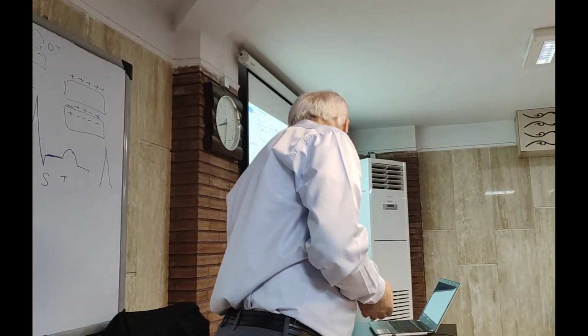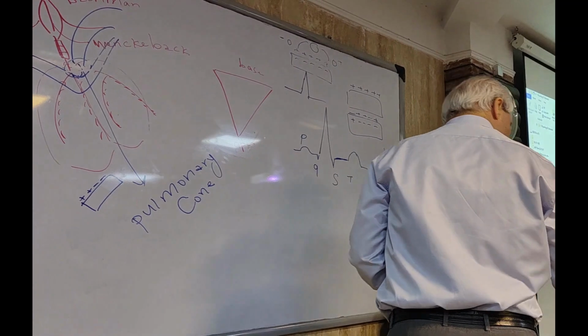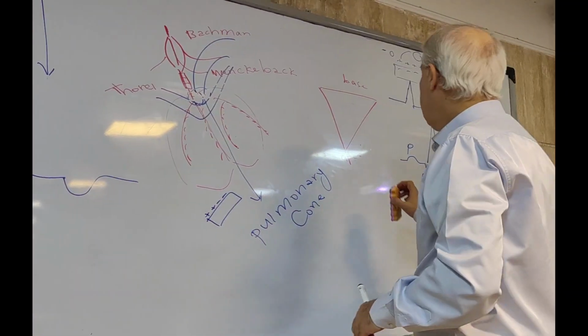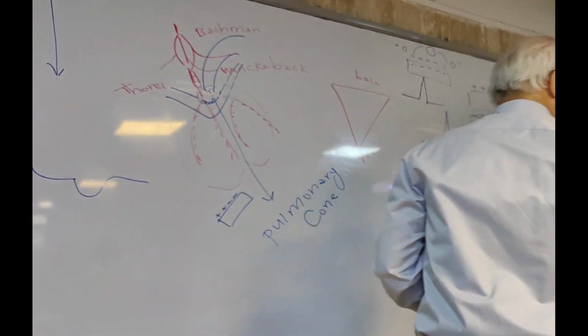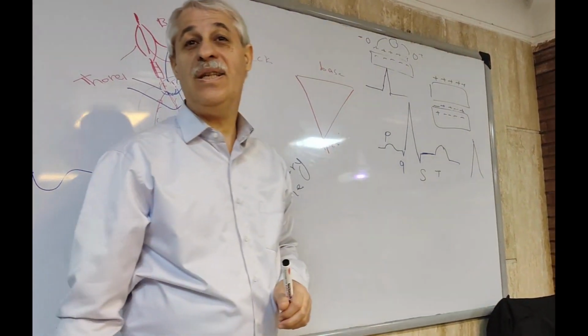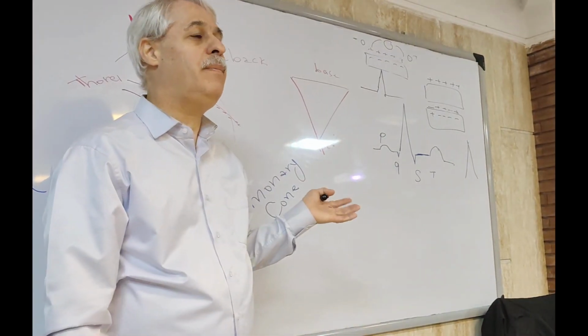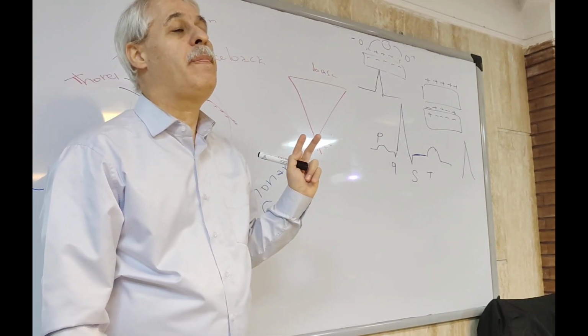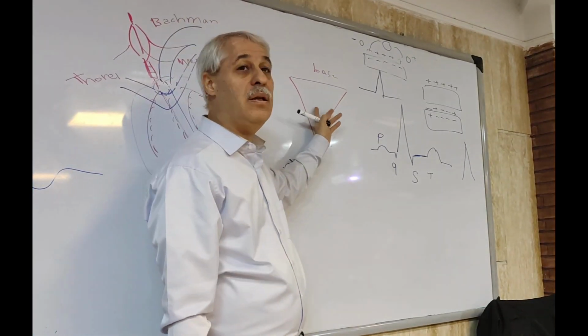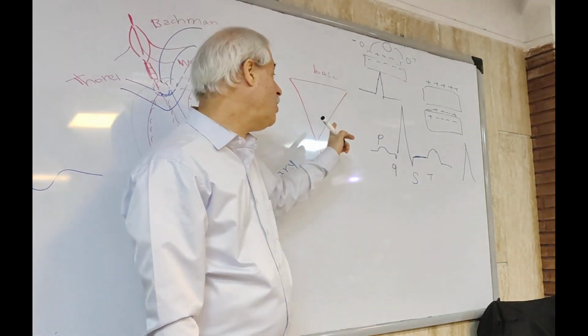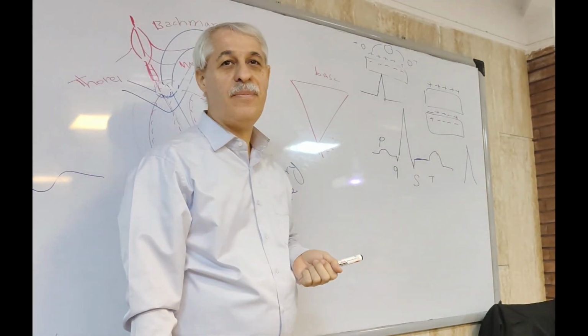Then Dr. Einthoven connected the vectors of these leads and made an equilateral triangle. This is called Einthoven triangle.